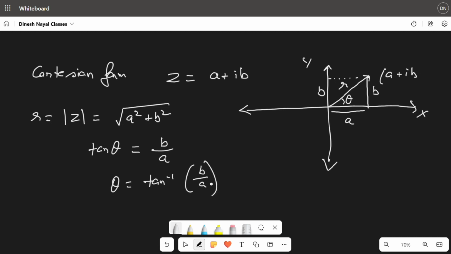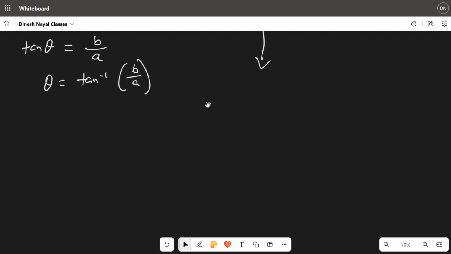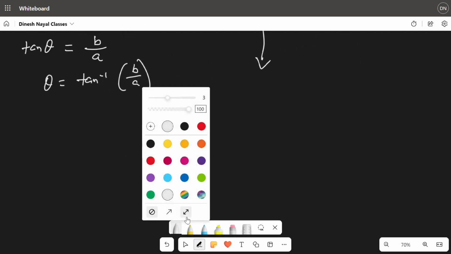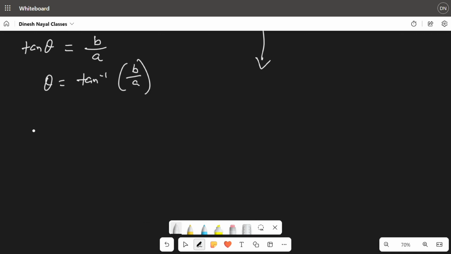Okay, now the polar form. The polar form of a complex number is also known as the modulus argument form.